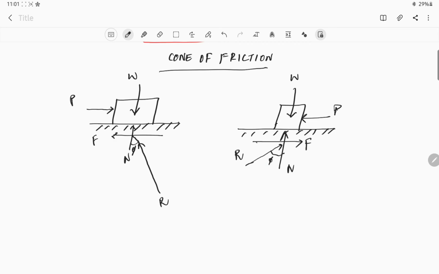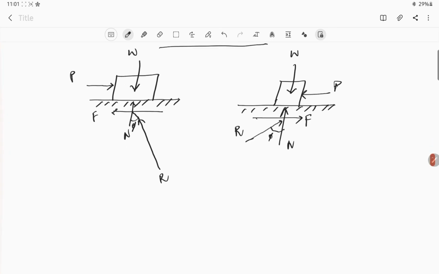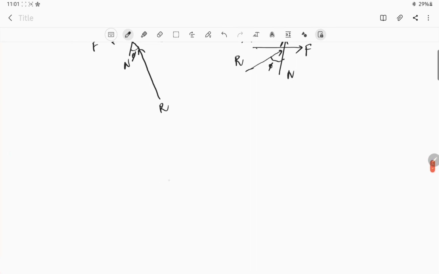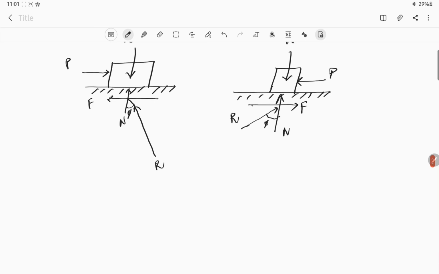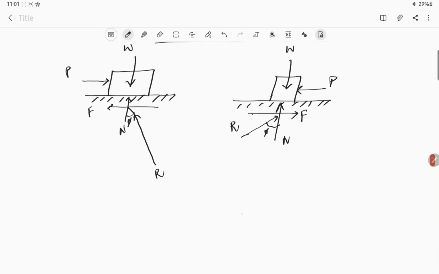If you combine these two figures, I will combine them here. This is the surface, this is the body W, and this is my normal reaction.